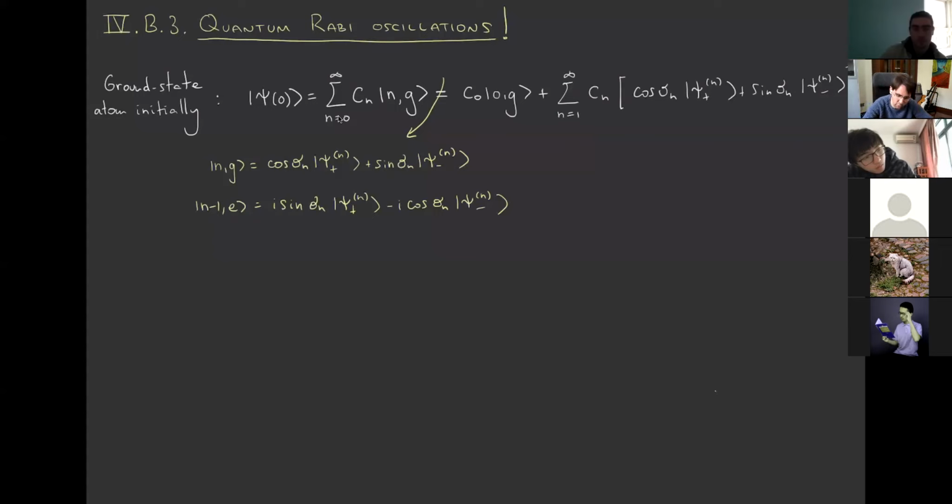Of course, because 0,g is already an eigenstate of the Hamiltonian, we simply pulled it apart from the sum, and the other terms in the sum, n,g, are just equal to this combination here.